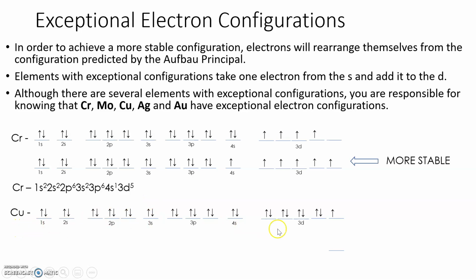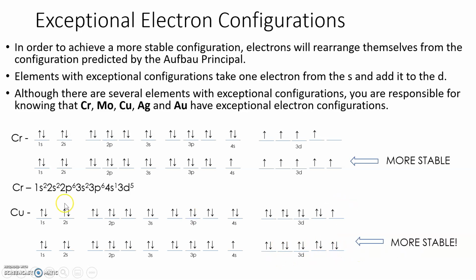Copper is 1 away from a full shell, as we can see with the orbital notation. So just as we did above, we're going to take 1 electron from the 4s. We still have a half full sublevel, so that's okay. It's not terrible. And now we have a full 3d.